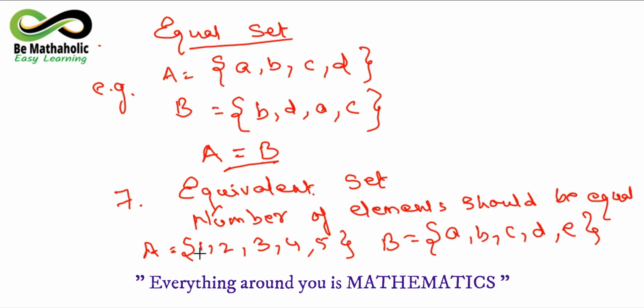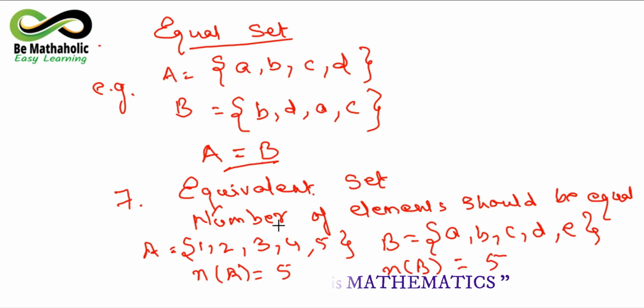But when you will be counting the elements, as I told you in my previous video about cardinal number, matlab number of elements present in a particular set. So if I say n(A), then your answer will be 5. If I say n(B), the number of elements will again be 5. So please focus on this statement, if the number of elements in both the sets are equal, then that set is considered as an equivalent set.